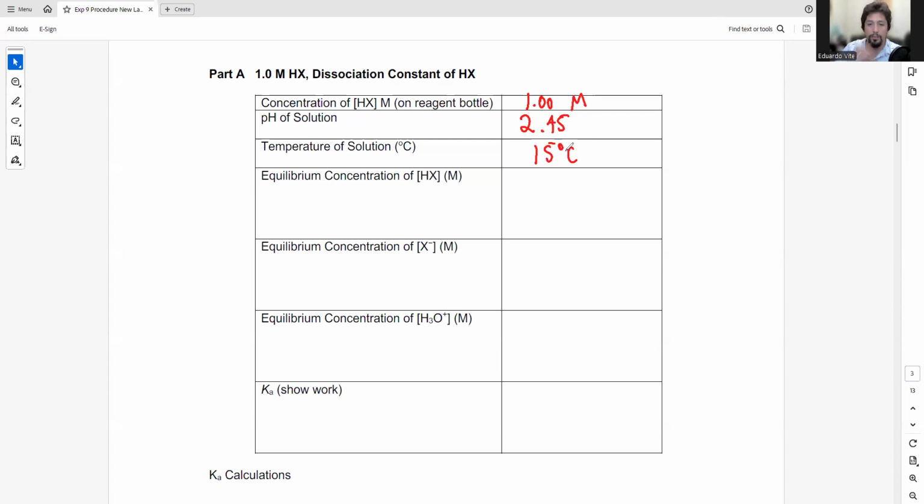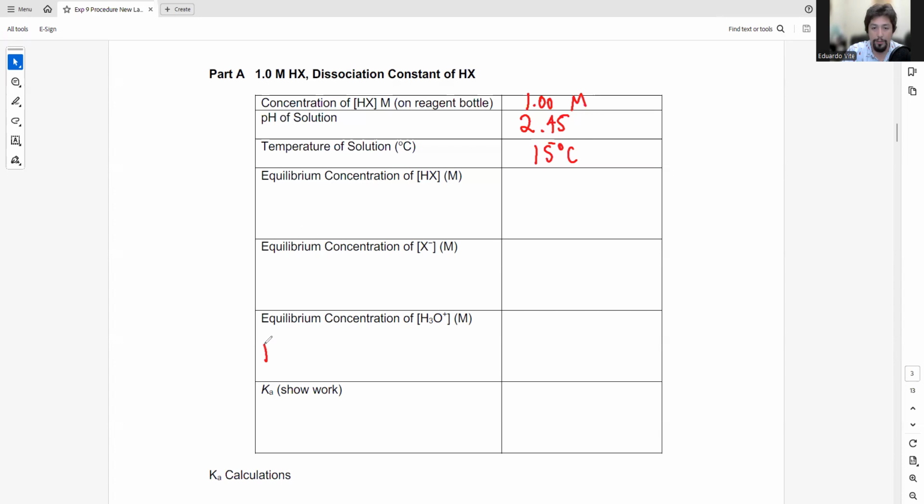Now, this is where I hope it's a little bit straightforward. The equilibrium concentration of HX, that will be found from an ice table. The equilibrium concentration of X minus, that will also be from the ice table. And this is the first thing we can directly measure and solve for.